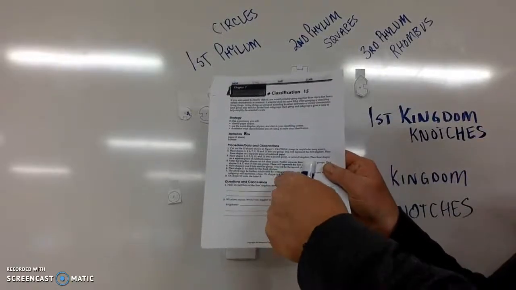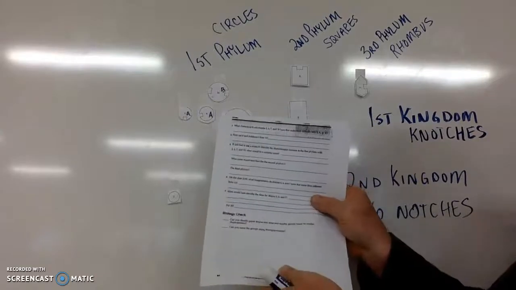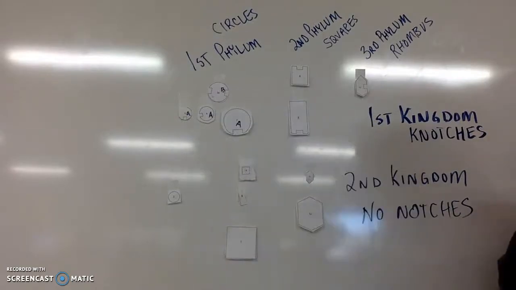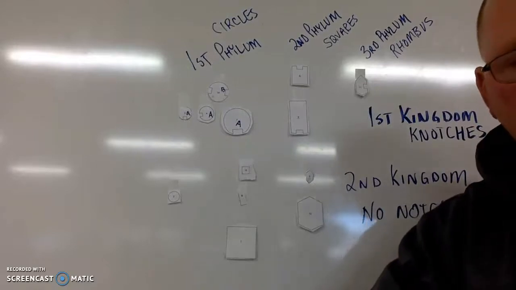So submit this with this filled in, and submit this with the back side filled in. And if you want, you can submit a picture of all your shapes laid out on the table. That would be awesome.